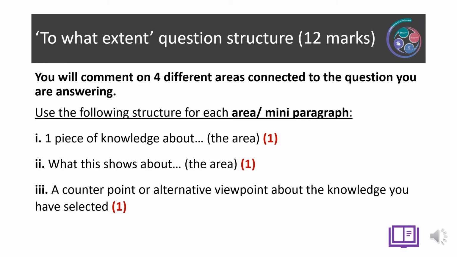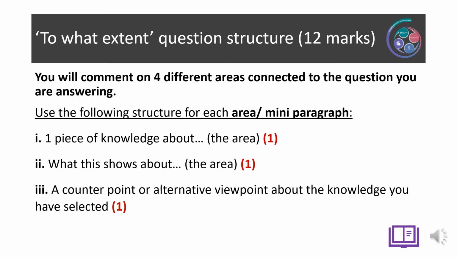We will now move on to the "to what extent" question structure, which is worth 12 marks. In a "to what extent" question, you will comment on 4 different areas connected to the question you are answering, and you will do this by using your own knowledge recall. You should use the following structure for each area and mini paragraph that you are writing.